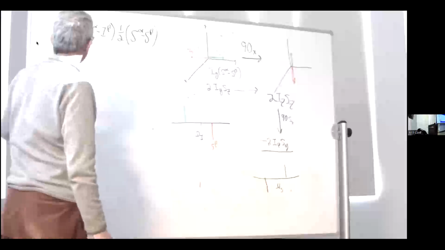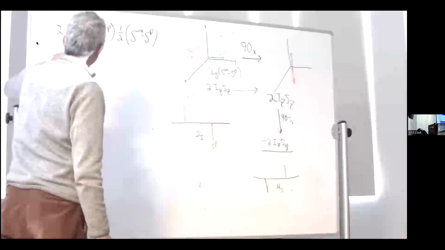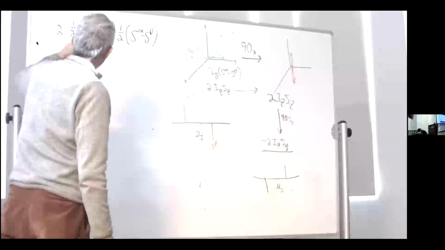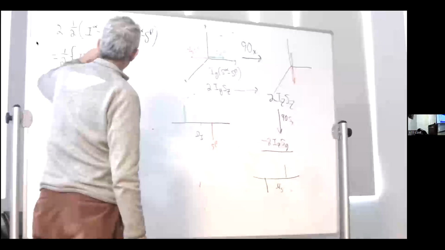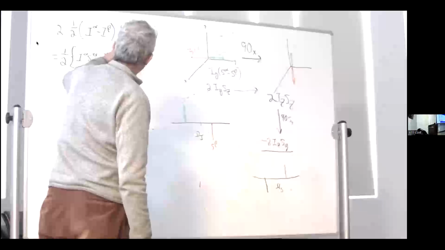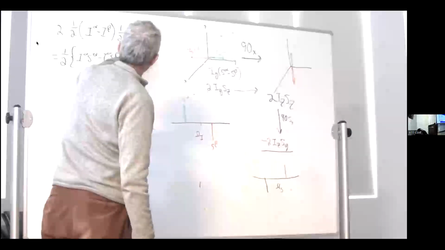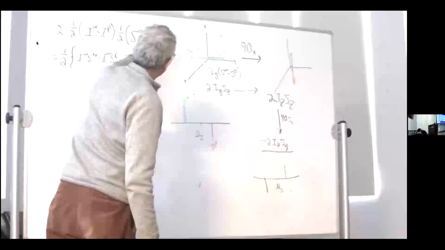And if I multiply this all out, it's 1/2 that I don't really care about, times I alpha S alpha minus I alpha S beta minus I beta S alpha plus I beta S beta.